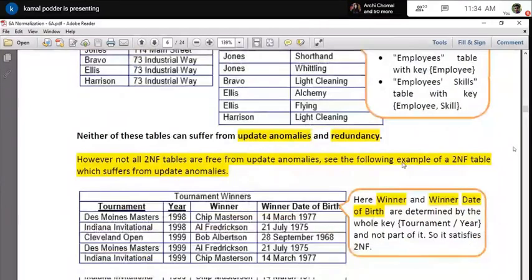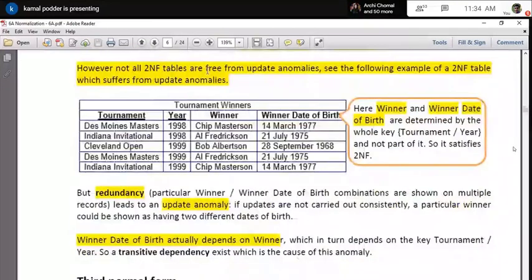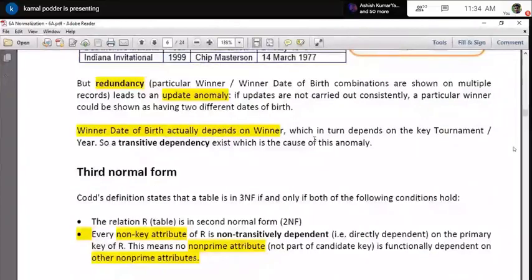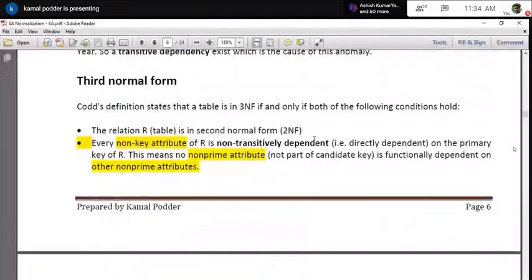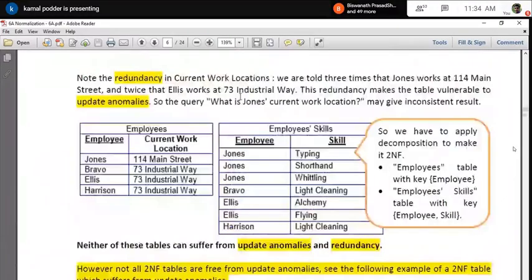I have given another example here. If you just see how you can divide this and create a second normal form, this is the first and this is the second normal form. But even after achieving the second normal form, there might be some problem in this table, because not necessarily will you get everything like this, with only one column.